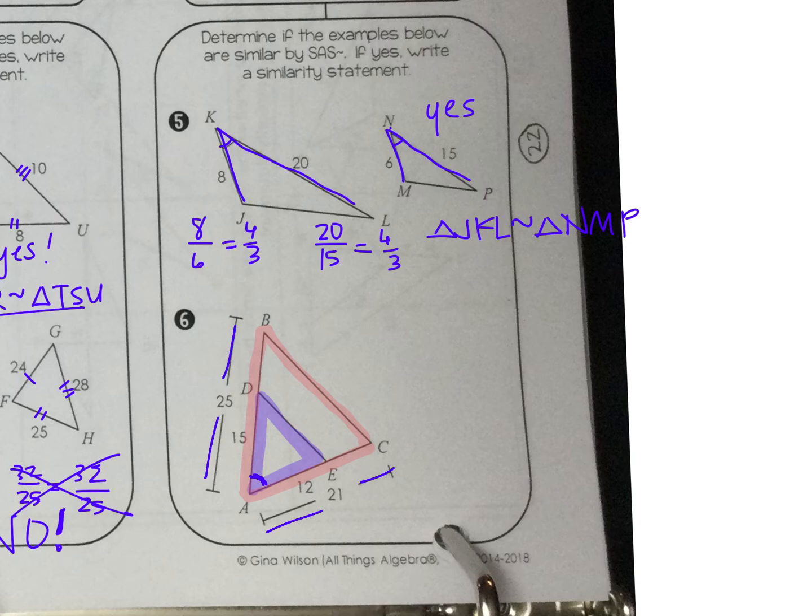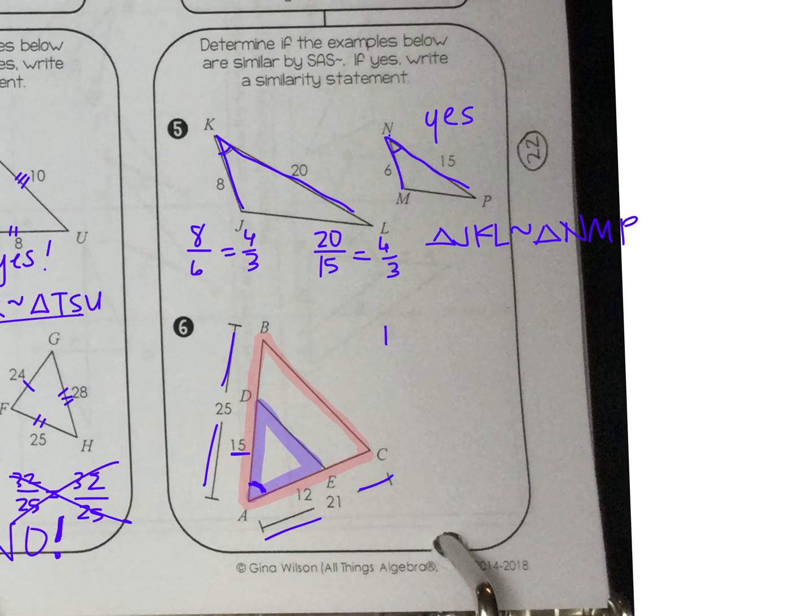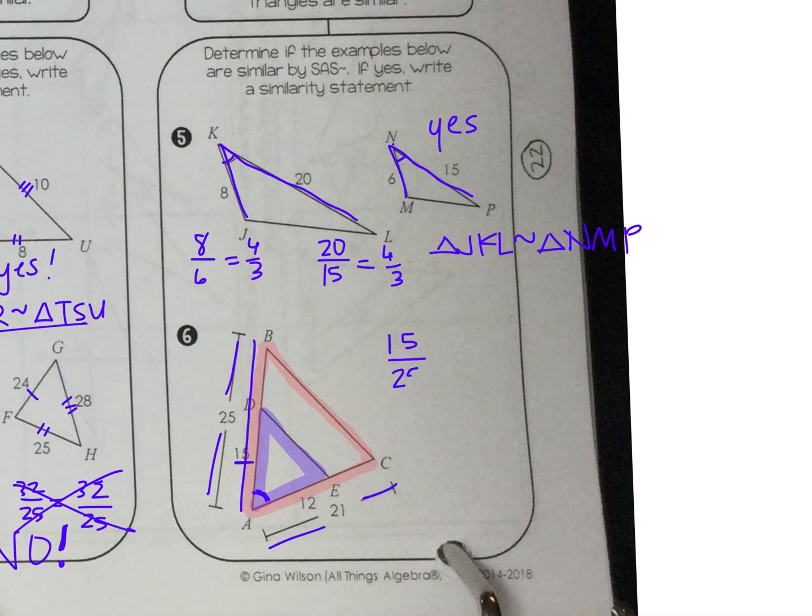So now I just need to check and make sure. 15 for the purple one matches up with 25 for the red one. If I reduce that in my calculator, I get 3/5. This 12 purple matches up with 21 red. When I reduce that in my calculator, I get 4/7. Those are not the same. All you have to do is write no. Flip over to the next page, page 23.